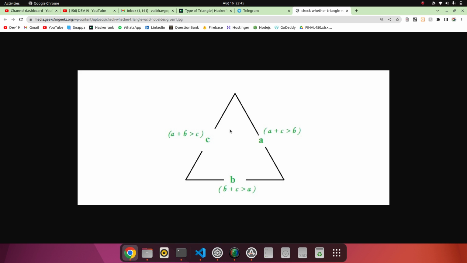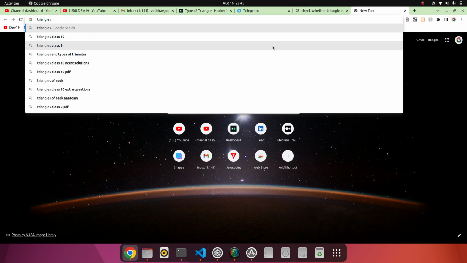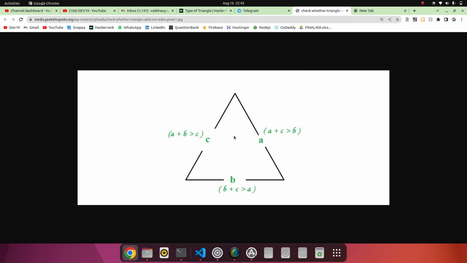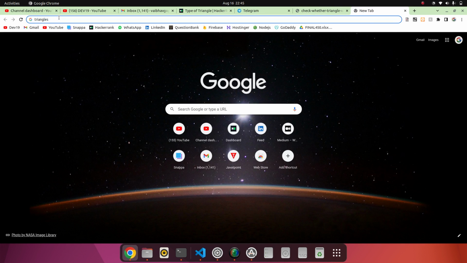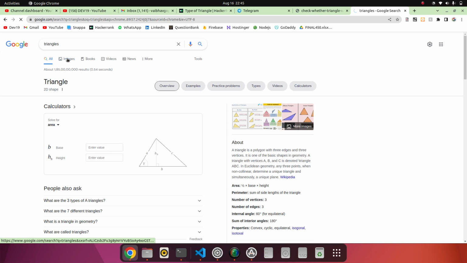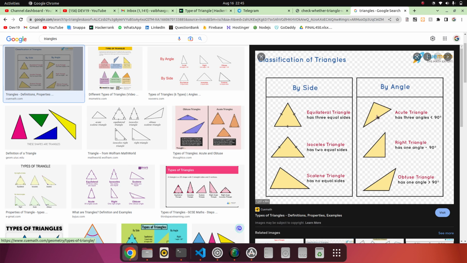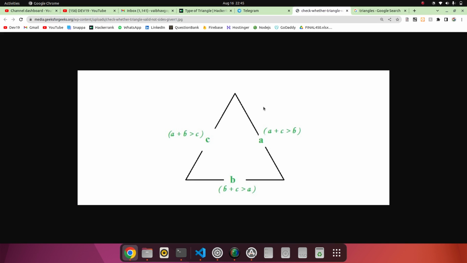But the most important thing to satisfy the triangle criteria is that the sum of any two sides of a triangle should be greater than the single remaining side. In all triangles this criteria always satisfies.